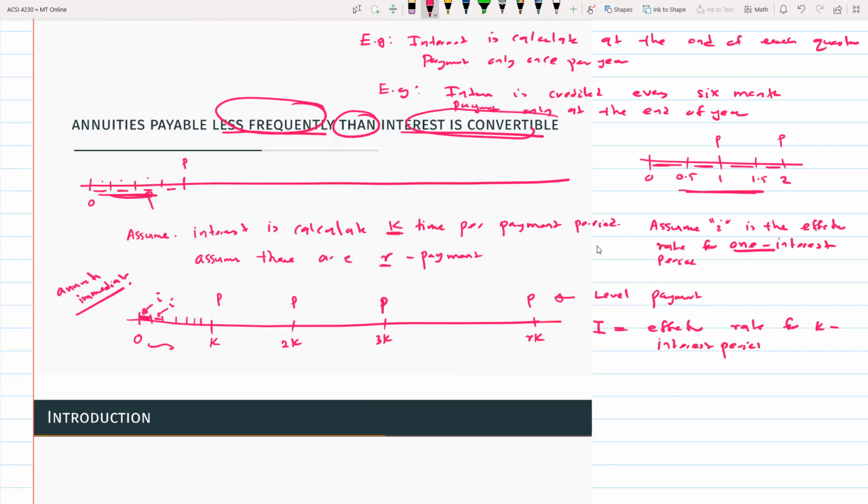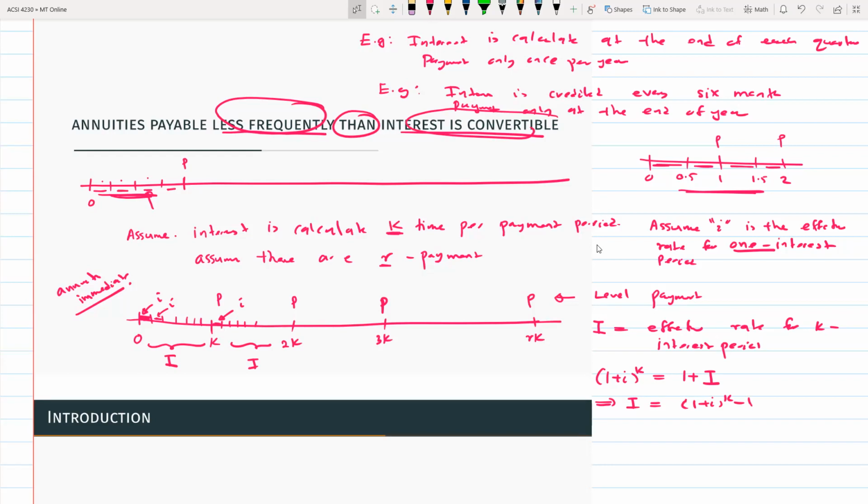That means basically this entire time period is capital I. In here you have these small K periods, and in each one it is small i. So how do you get capital I? You can see right away 1 plus i to the K is 1 plus capital I. So from here you can see capital I is (1 plus i) to the K minus 1.